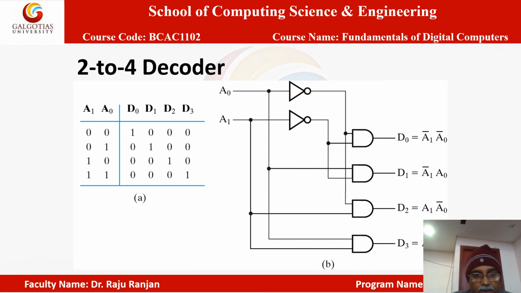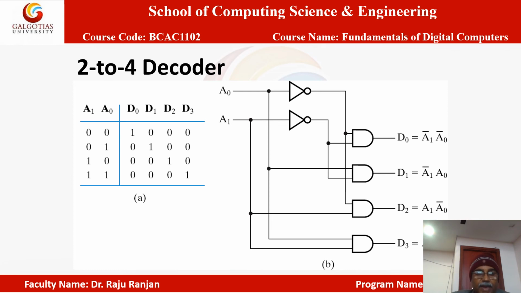From this formula, the 2 to 4 decoder circuit is given here. There are two inputs, A1 and A0, and four outputs, D0, D1, D2, D3. This circuit has 4 AND gates and 2 inverter circuits.